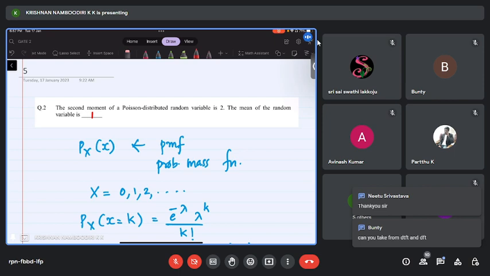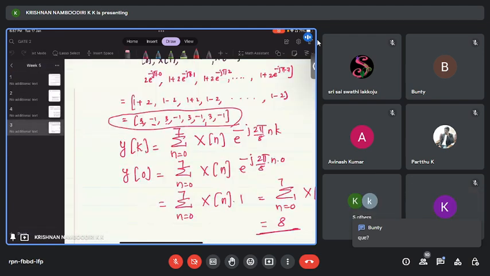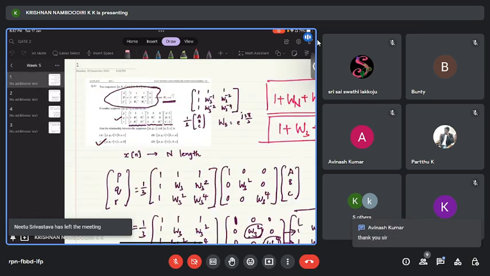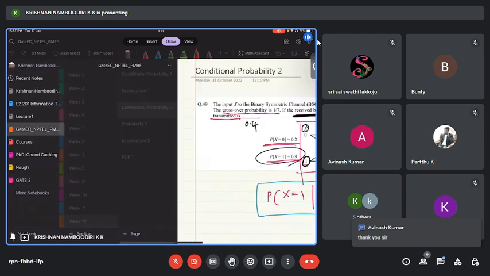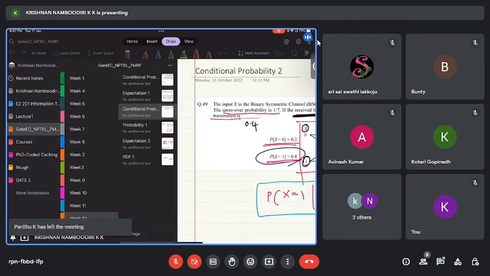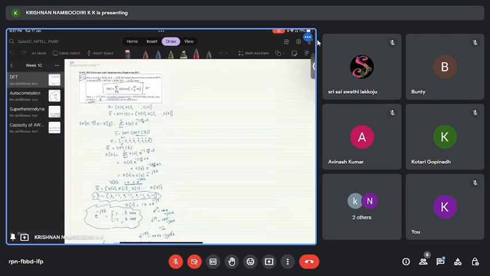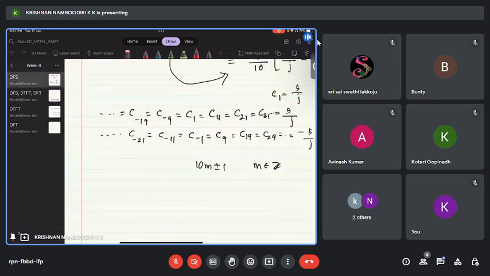DFT and DTFT. Okay, I think we have done 2 sessions, right? Yeah, I can do that. We have discussed some questions. This is one of the questions that we have seen in this phase, and in the previous phase I have done some questions. If you want, we can repeat the same questions, or maybe take slightly different questions. Discrete Fourier transform and discrete time Fourier transform, right? That we will do next week.